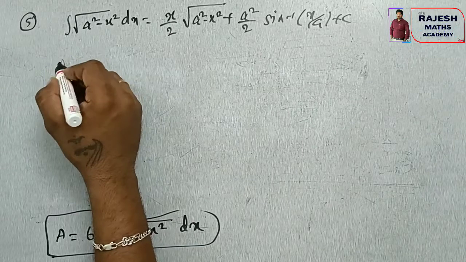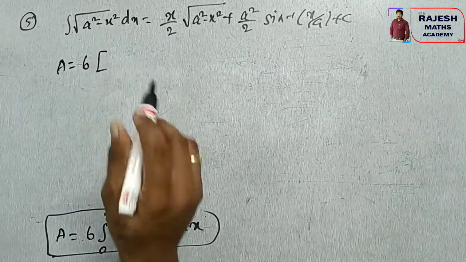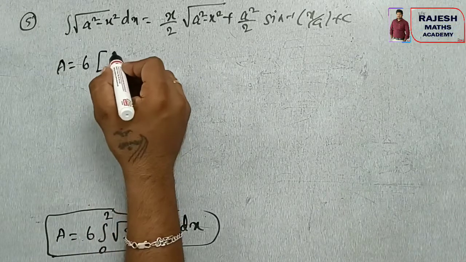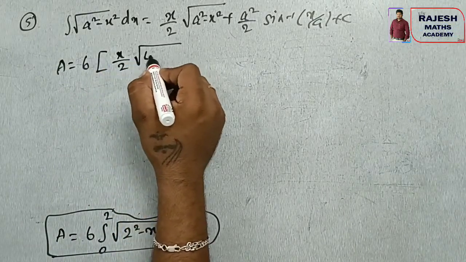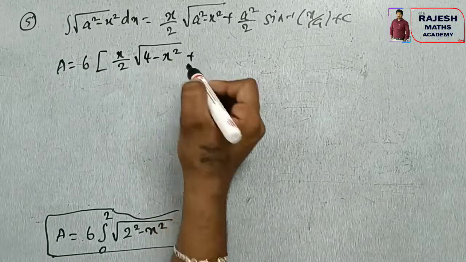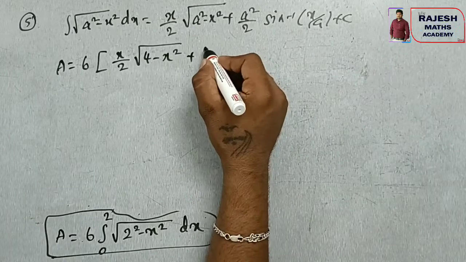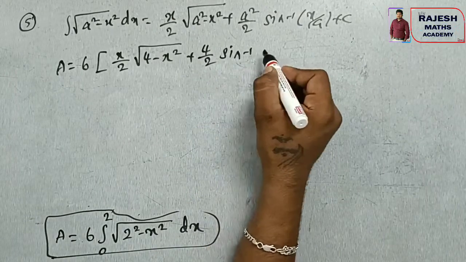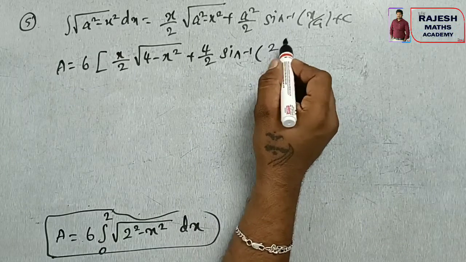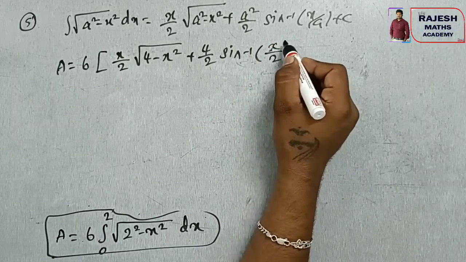Area equal to 6 times, applying here, first step will be x by 2 into root of 4 minus x square, plus a square, 2 square by 2, means 4 by 2, into sine inverse of x by 2.